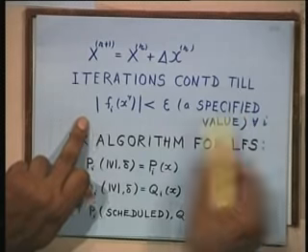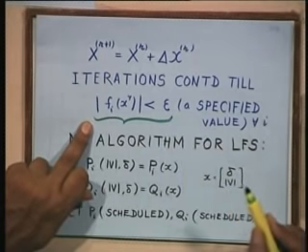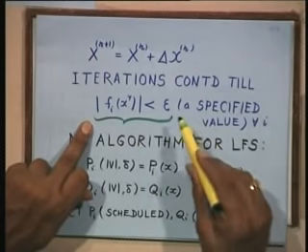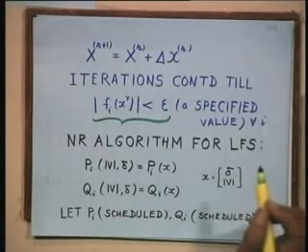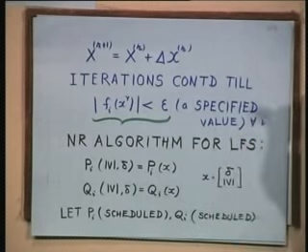Iterations continue till this becomes less than epsilon, where epsilon is a specified value for all i. Again, this depends on how accurate a solution you want. Is this load flow for planning purposes? Is this load flow for real time operation or online control, or is it just a normal load flow? It depends on what accuracy you want.